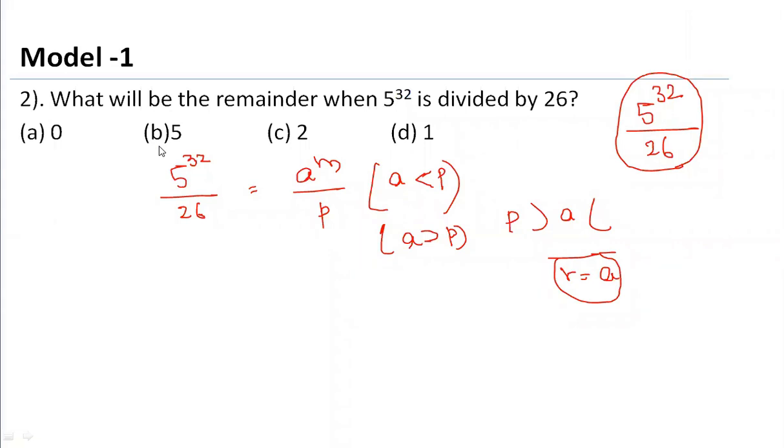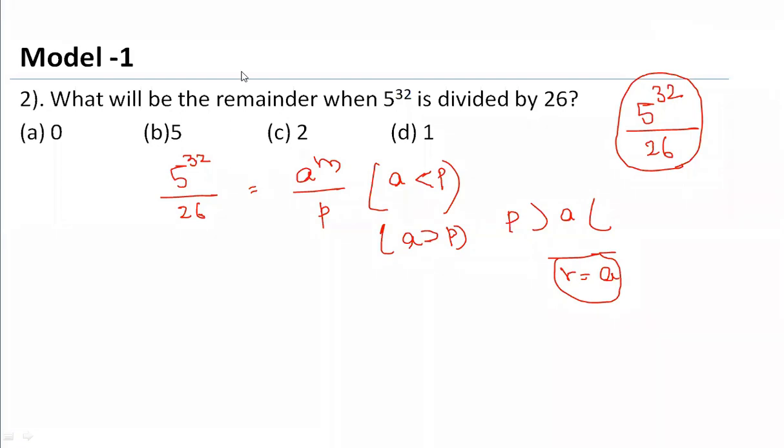I'm repeating it once again. After certain 5 powers, that means 5 power 1, 2, 3, 4 and so on, divided by 26, the remainders are going to get repeated. If you can understand the cyclicity of remainders of 5 powers divided by 26, then you can answer what 5 power 32 by 26 is.